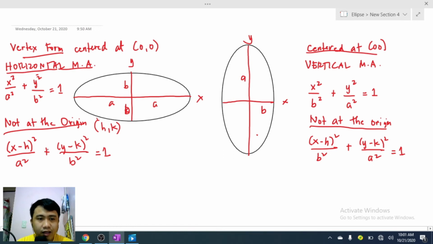Okay, so again, kapag horizontal po ang ating major axis, itapat nyo yung a squared dun sa ating x. Kapag vertical naman ang ating major axis, tapat natin sa y yung a squared natin. Okay, so that's it. I hope clear po ang ating mga different equations or vertex form of the equations of our ellipse.